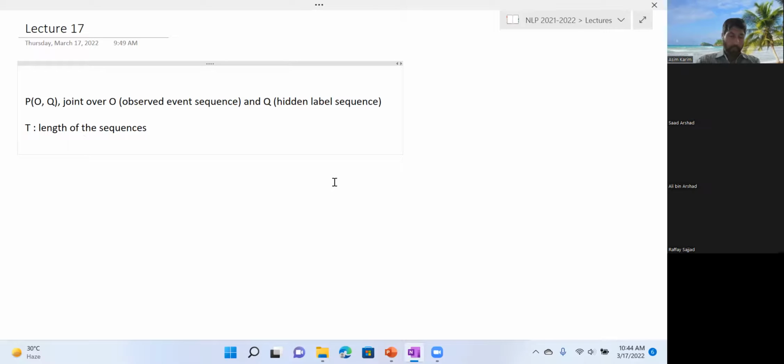And then of course, we defined N as the number of possible labels, and V is the number of possible events, which in the case of POS tagging is the vocabulary size of your corpus, and N, of course, is the possible tag set size.